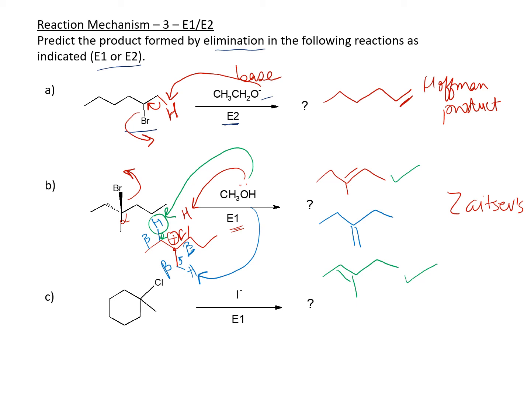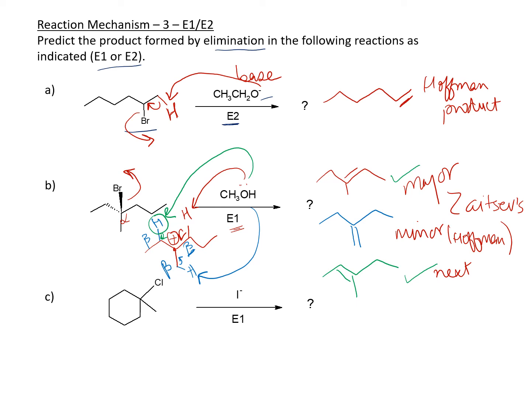Well, both of them are almost equally stable, but I would say that your major product is going to be this one. This is more stable than this. So this is major, this is the next major, and then this is going to be the most minor because this is the Hofmann product. This alkene is the least stable one. So that's something you have to remember when you're doing E1 reactions. We did not have to think about this when we were doing the E2 mechanism.